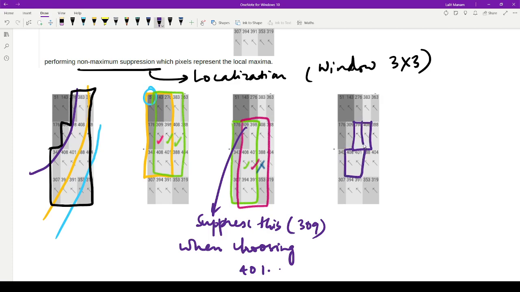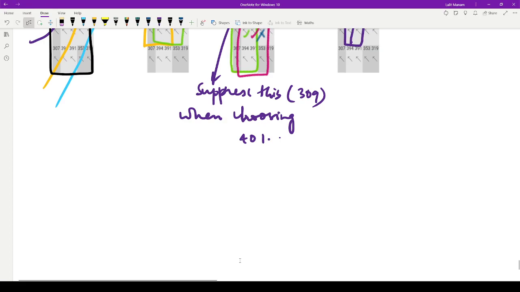So these are the 4 pixels that should be included as your edge. Is this clear to everyone? Any doubt? That's great.